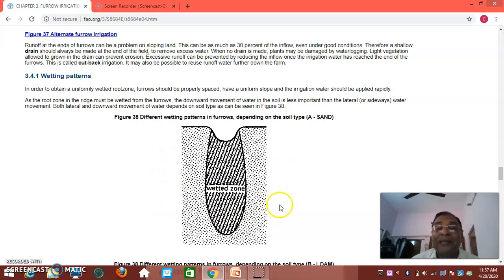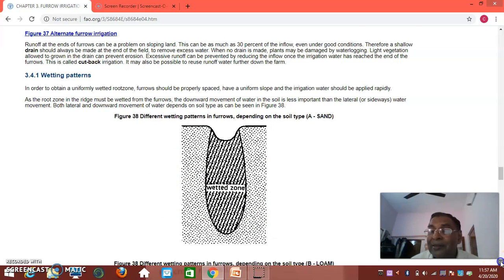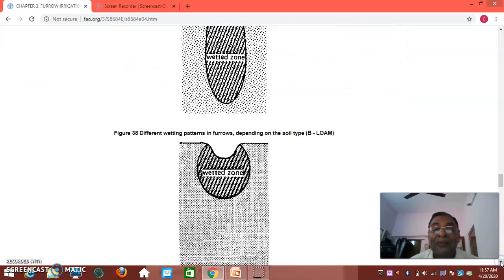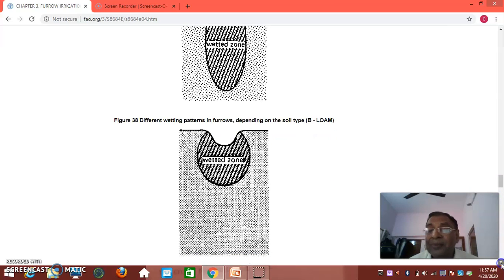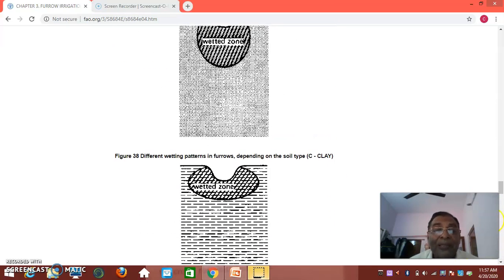As the texture changes to loam, the wetted zone looks almost ball-like, so you can have reasonably wide ridges. Similarly, in clayey soils the wetted zone increases further.